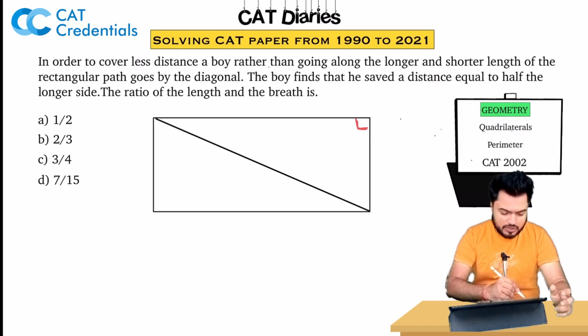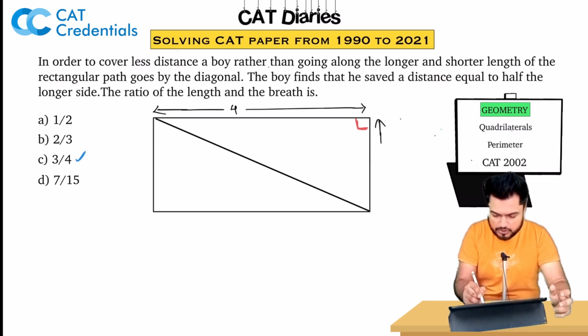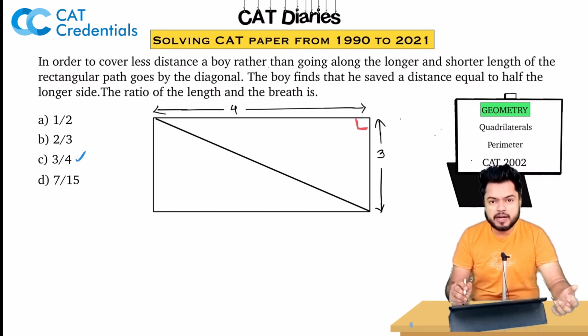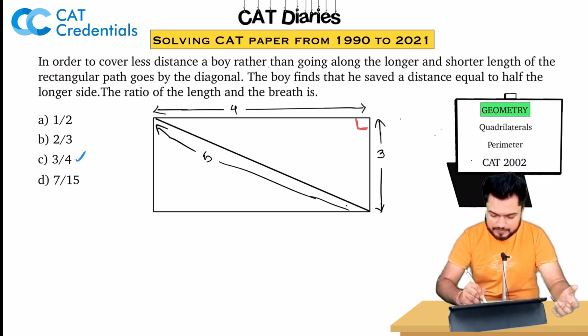And I can see a Pythagoras triplet here, 3 and then 4. So I would say let the longer side be equal to 4, and let the shorter side be equal to 3. Then the hypotenuse will automatically become equal to 5 because it's a Pythagoras triplet, 3, 4, 5.